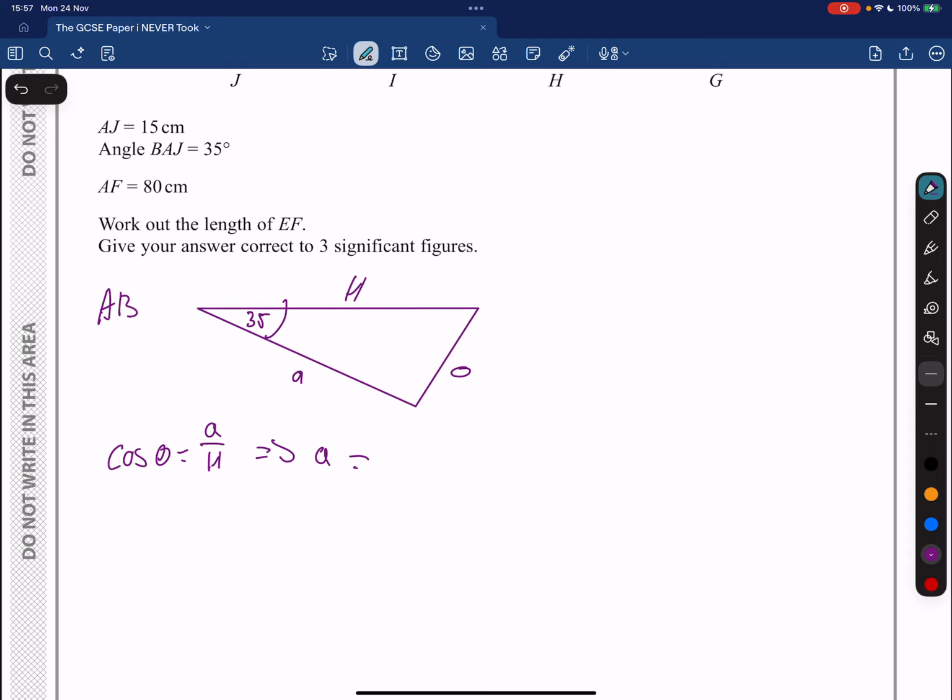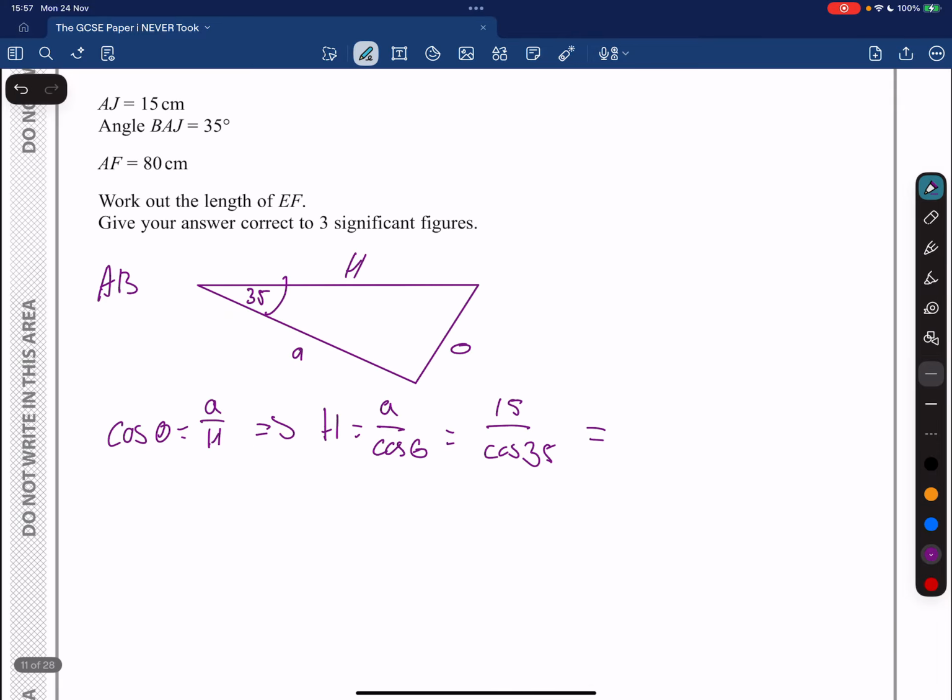Therefore the hypotenuse is the adjacent over cos theta, which is 15 over cos 35, which is equal to 18.31.